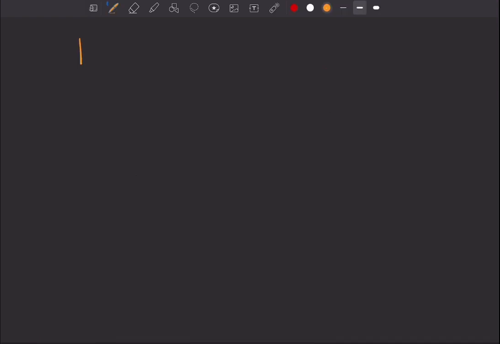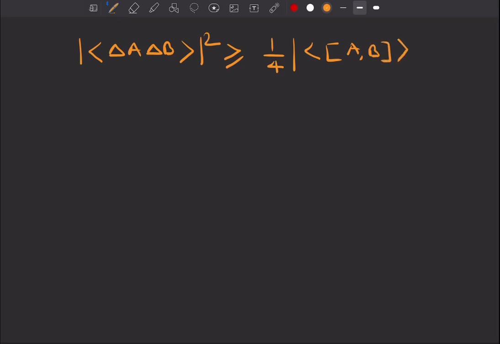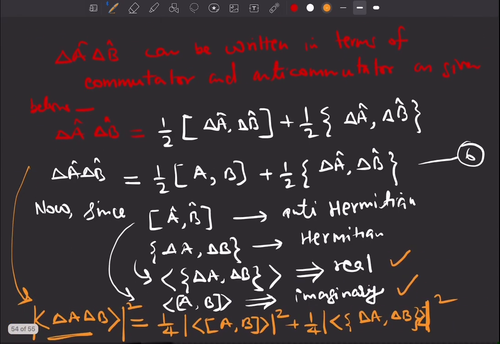Modulus square of expectation of delta A into delta B square is greater than or equal to 1/4 of the modulus square of expectation value of commutator A B. So this is equation number 8 and this is equation number 7.